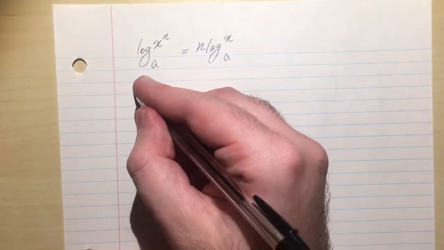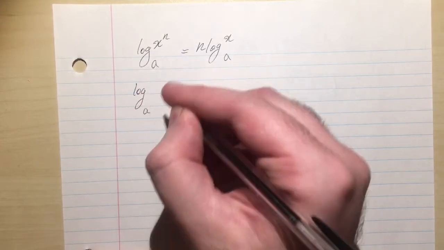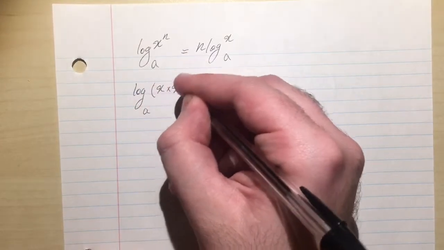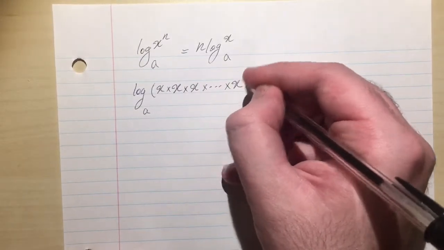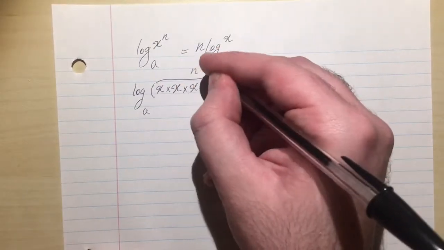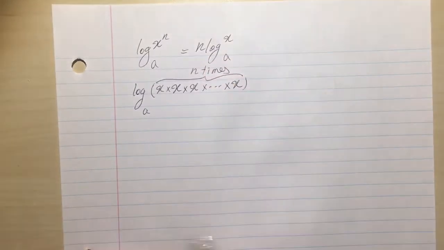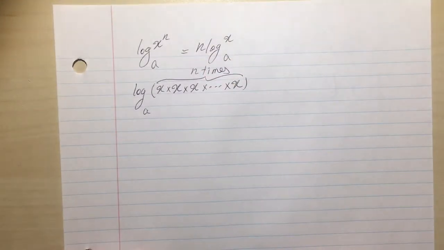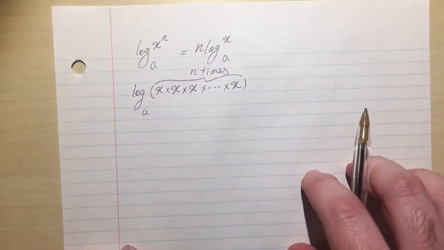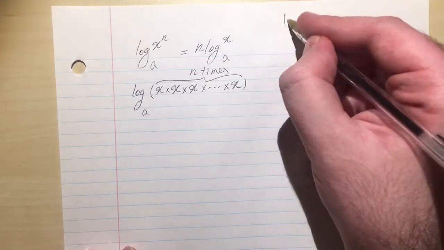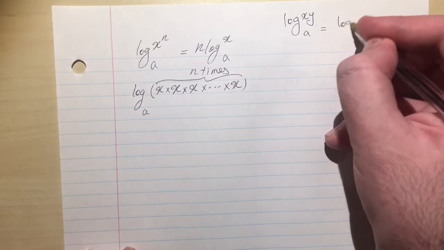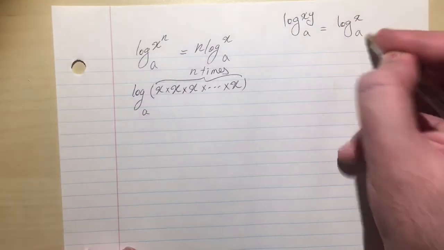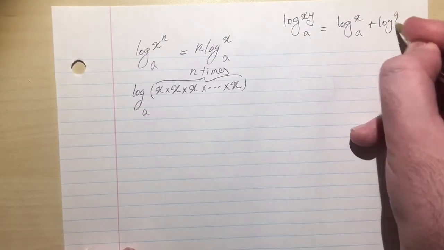The key is I can write x to the n as x times x times x times blah blah blah times x, n times. And I can use the multiplication rule for this. So what was the multiplication rule? It was log of xy base a equals log x base a plus log y base a.